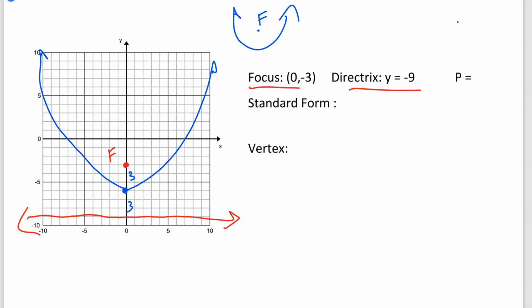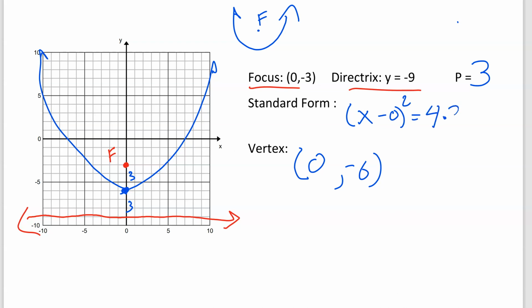There's a vertex right there, and the p-value is 3. Vertex is (0, -6). It's vertical, so it's x minus 0 squared equals 4 times the p-value times (y plus 6).